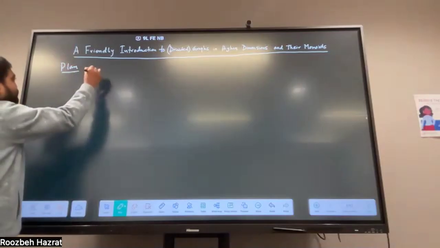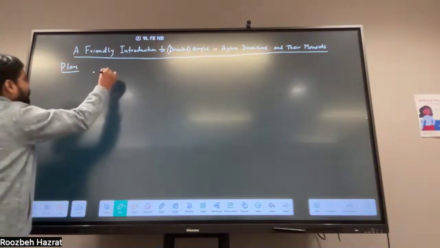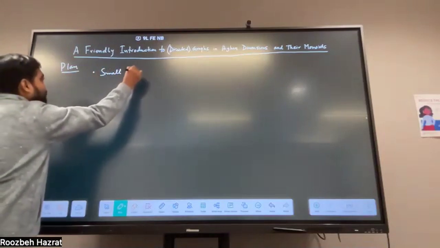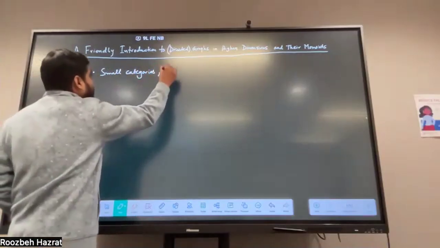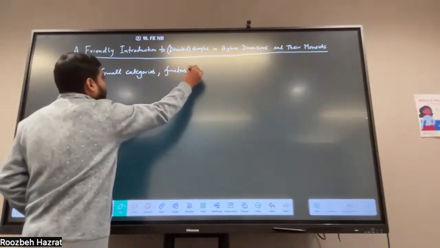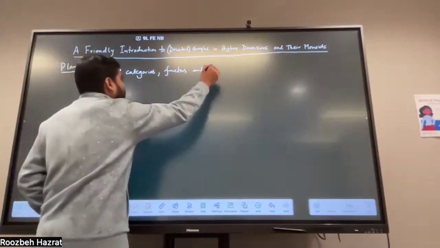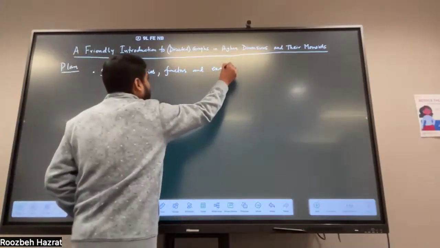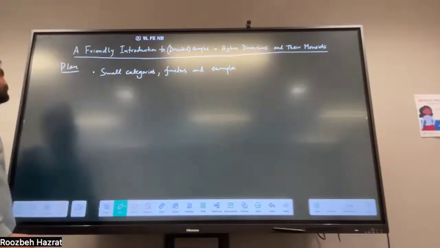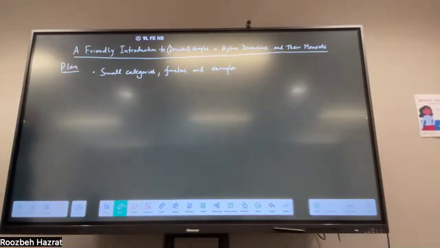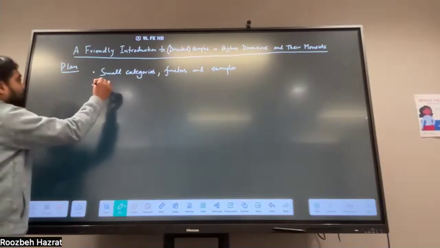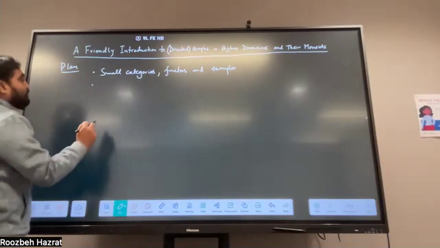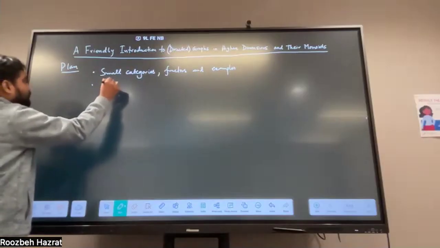I will start with a basic idea about small categories, and give you some basic examples, for those people who do not have any background in categories or have a very basic one like me. Then I will talk about a particular example of a small category, which is somehow related with graphs, called the path category.